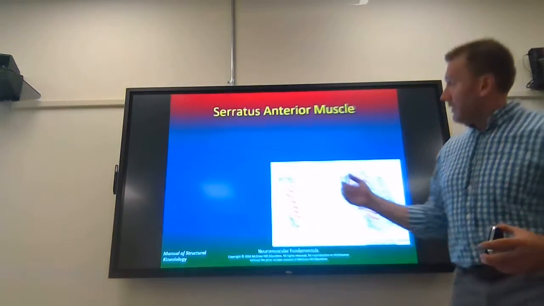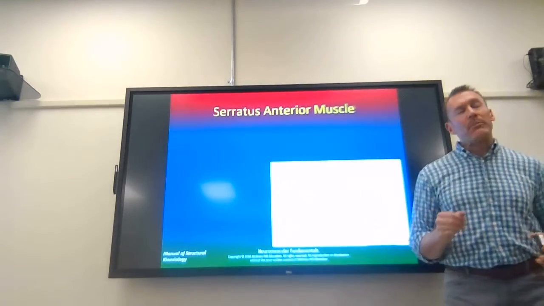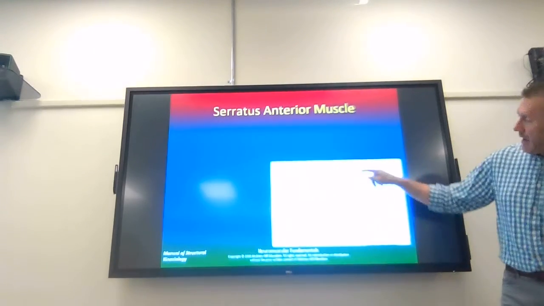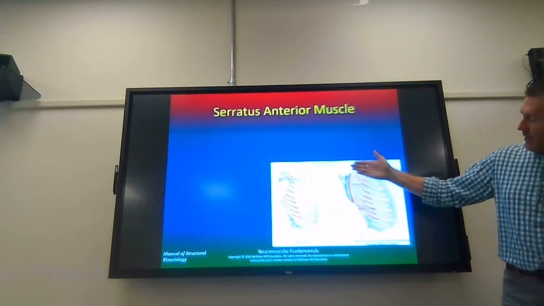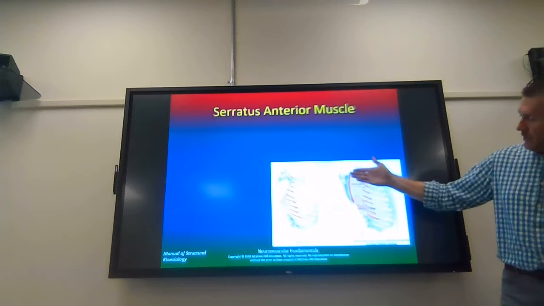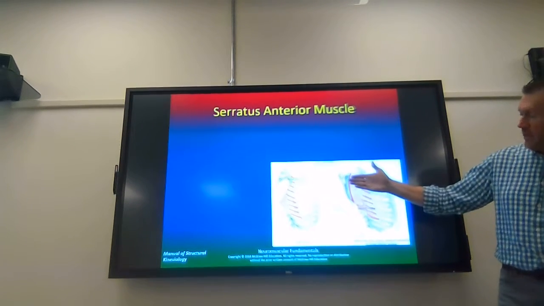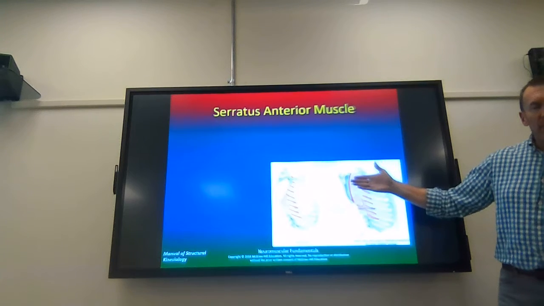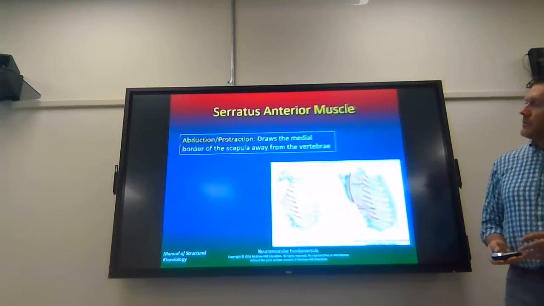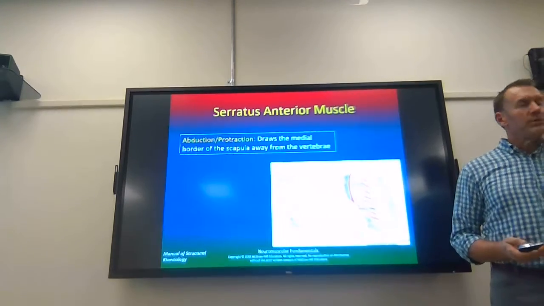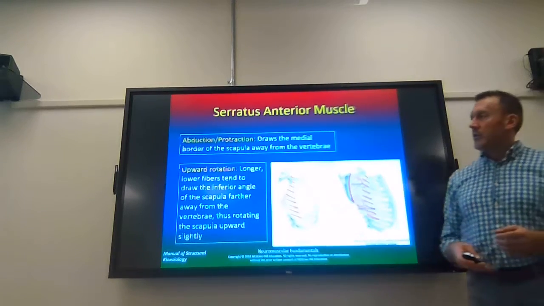So it's going to tuck between the anterior surface of the scapula and posterior rib cage and have its insertion kind of on the underside of the medial border of the scapula. It's hard to picture, but it's slipping underneath between the scapula and rib cage to insert on the medial side. So abduction, protraction, along with pec minor, as well as upward rotation.